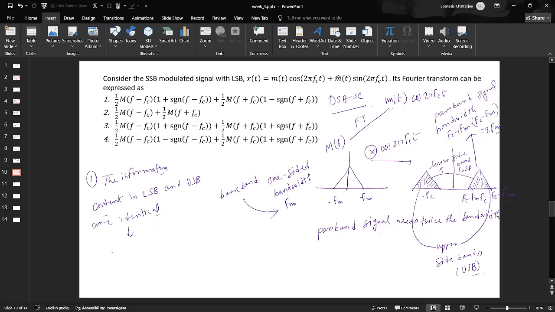So this renders double sideband suppressed carrier modulation redundant.